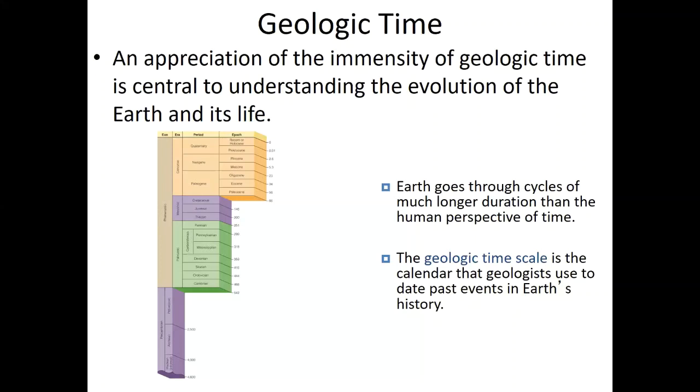And Earth goes through cycles. And these cycles are very long, as I mentioned, with respect to human perspective, so they go largely unnoticed to us. And that's why, as I said, we have only recently come to an understanding of how the Earth works, because it's been so hard to wrap our mind around it because it operates so slowly.